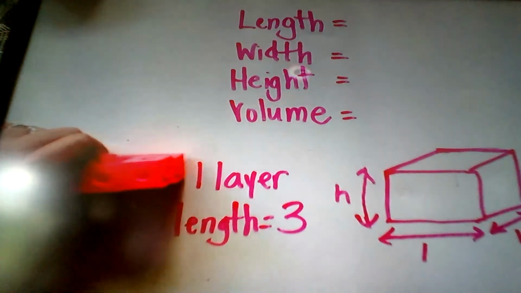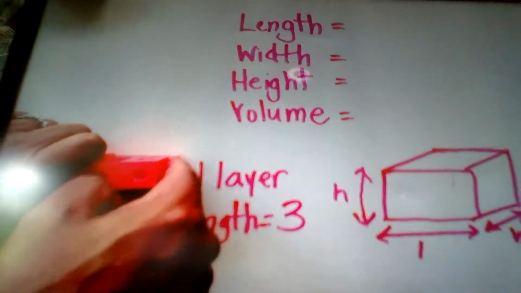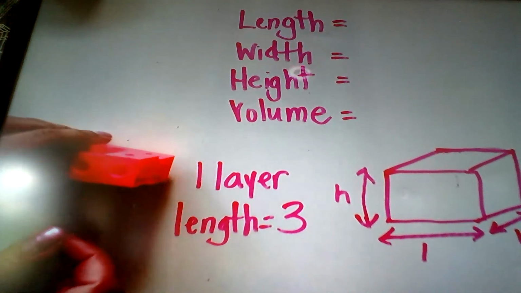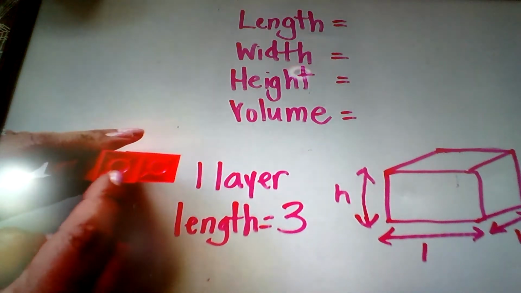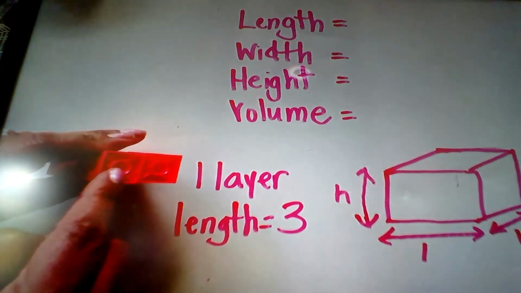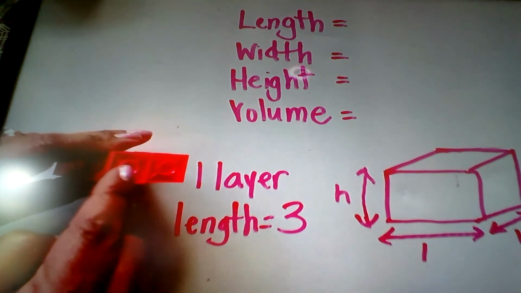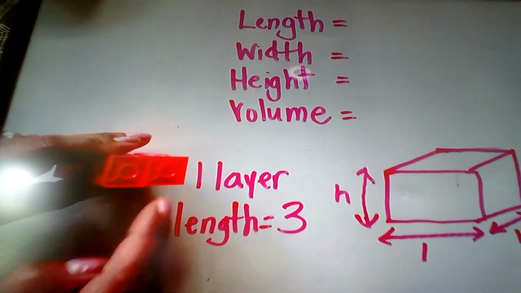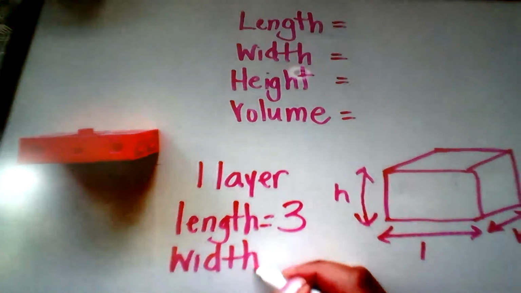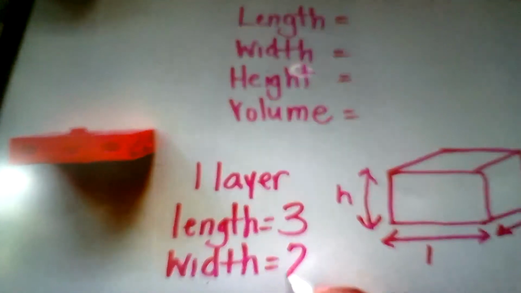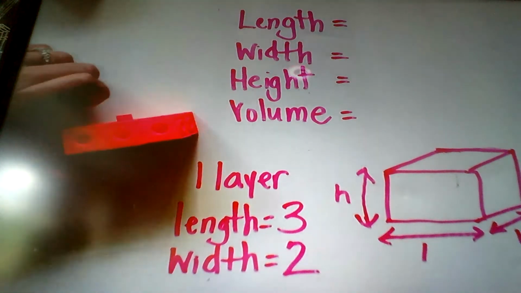Now we're going to look at the width. How wide is this shape? So if I turn it to the side so we can see the width, we'll see that we have 2 unit cubes that make up the width. We have one here and we have one here. And now we're going to look at the height.